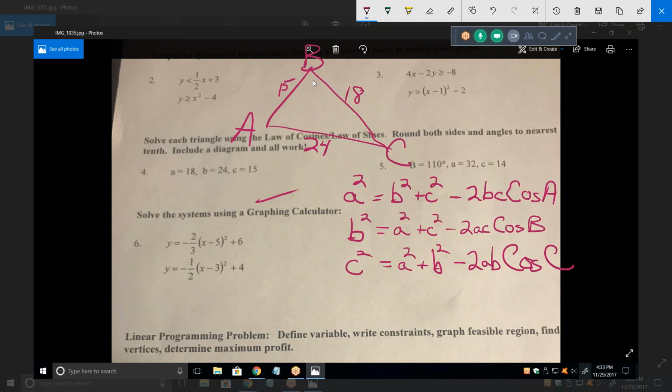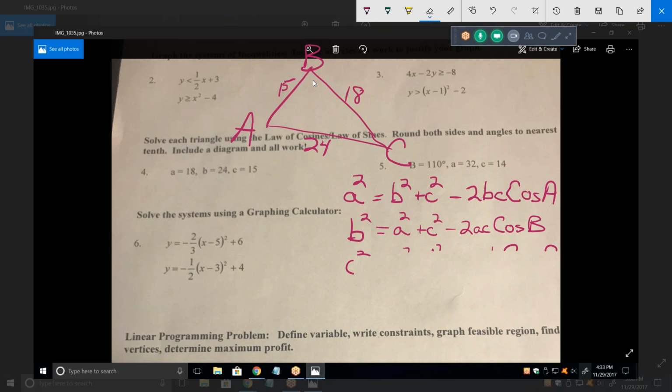You're stuck with choosing the one you have to figure out, which is the angle. But always know that all 3 of these are valid, and it just depends on which side you're trying to solve for. So there's nothing wrong with solving for A first.